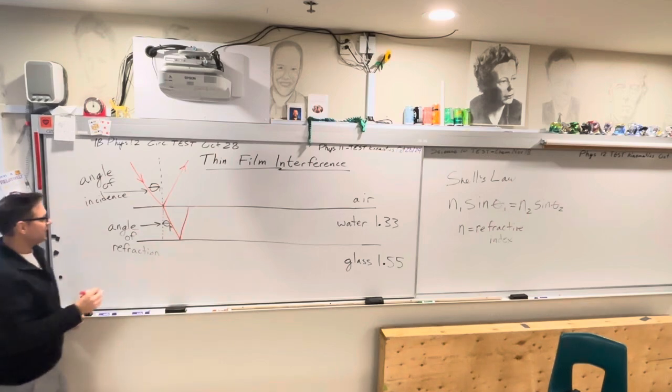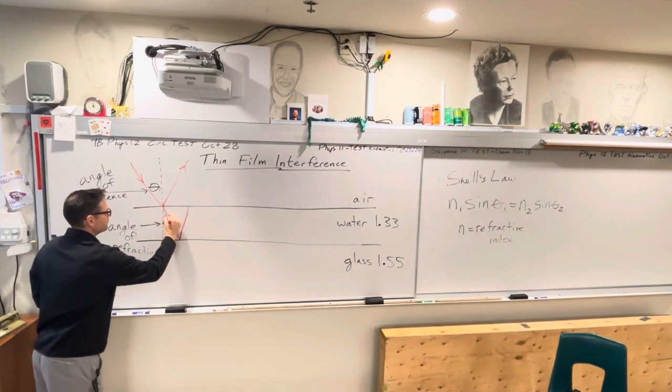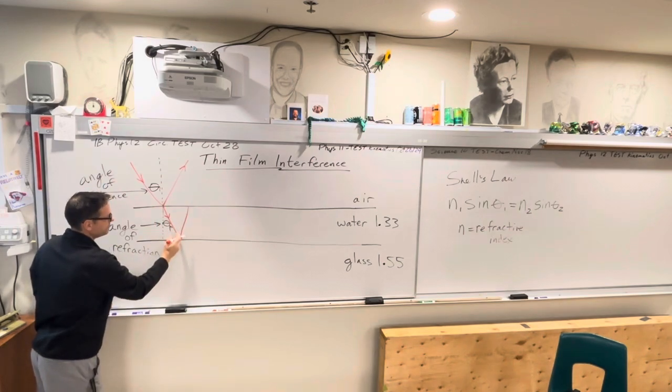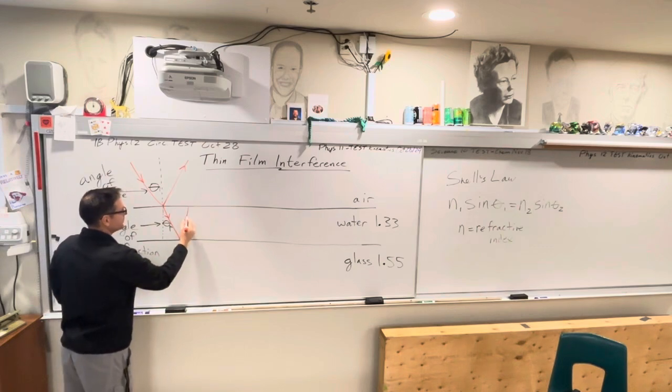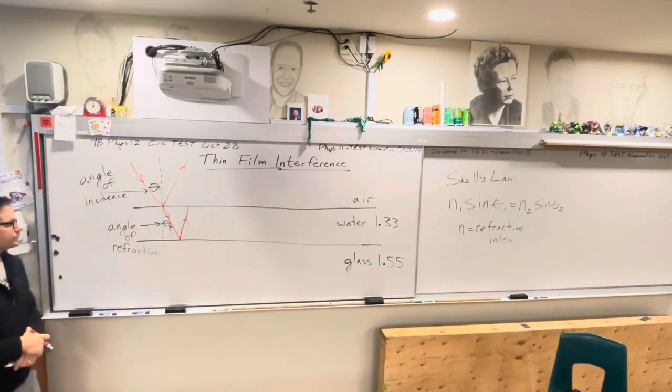What's going to happen? So this is the refracted beam incident through the glass and then reflected back towards the surface. What's going to happen when it leaves the water and goes back into the air?